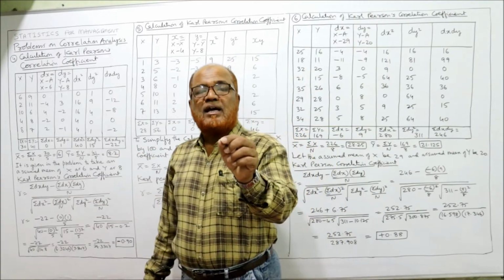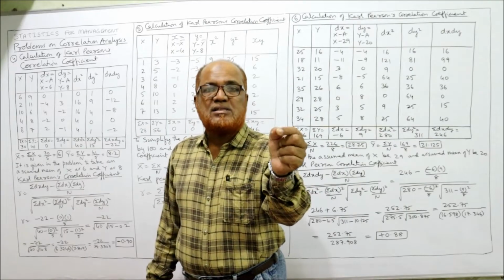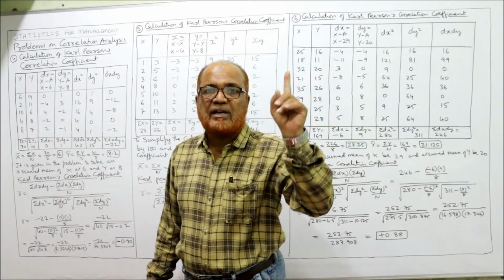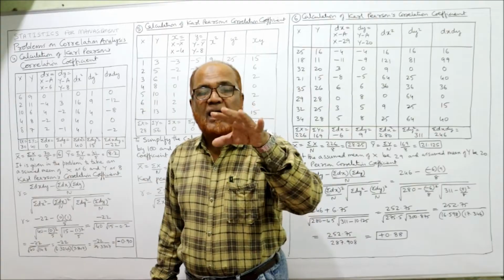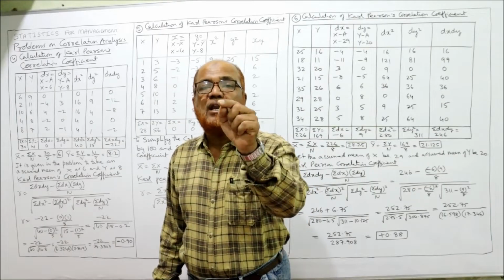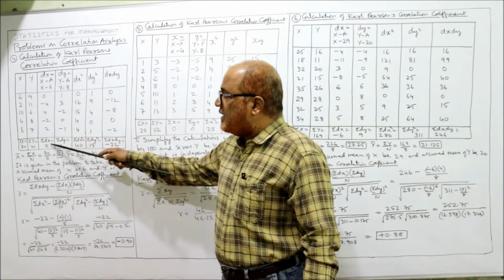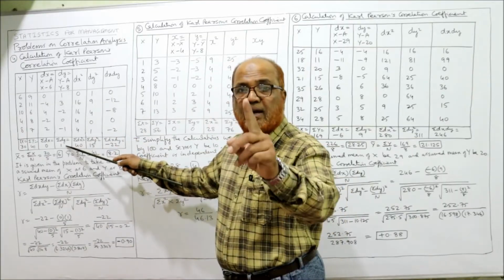Remember, when we take deviations from the actual mean, summation x and summation y are always 0. But when we take deviations from an assumed mean, you may or may not get 0. So here summation dx is 0, but summation dy is not 0, it is 1.